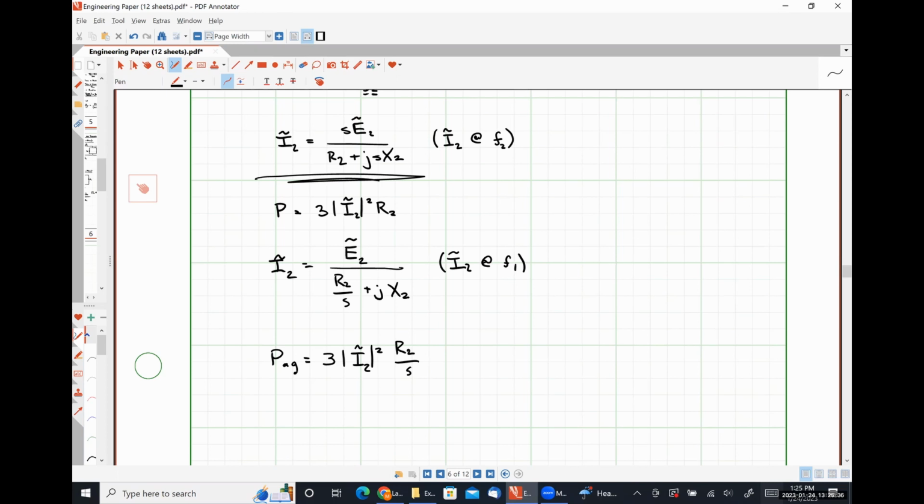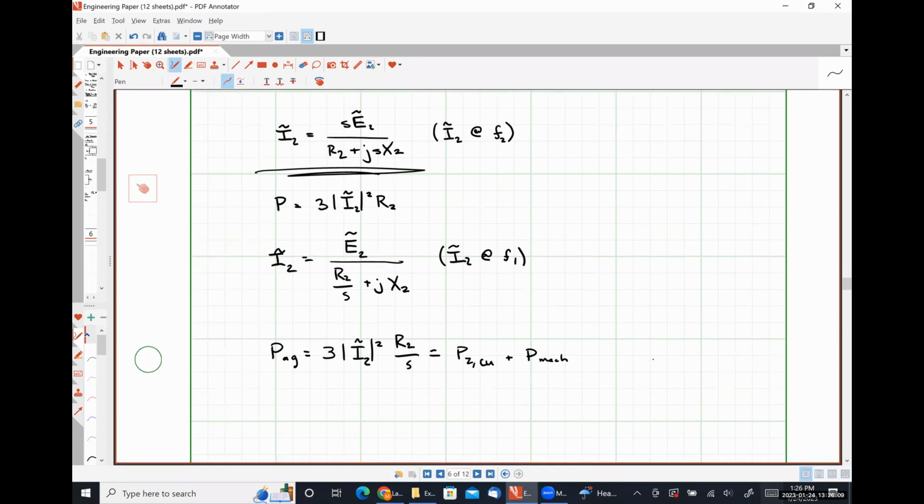It represents not only copper losses, but also the mechanical power that's being delivered to the rotor, right? So this is going to be P2 copper, or Cu, plus P met. Okay. So our copper losses, or our I squared R losses, we're going to pull them out effectively.